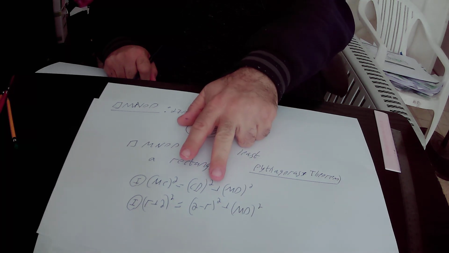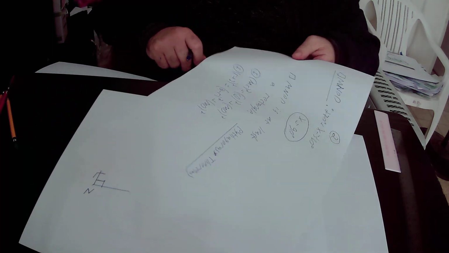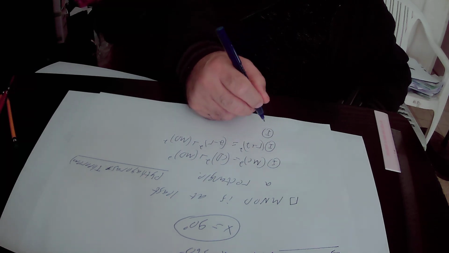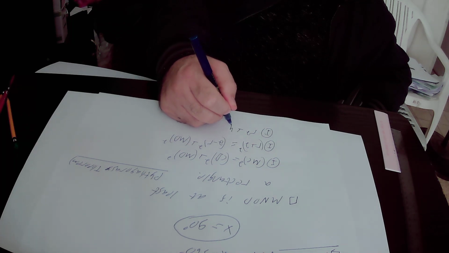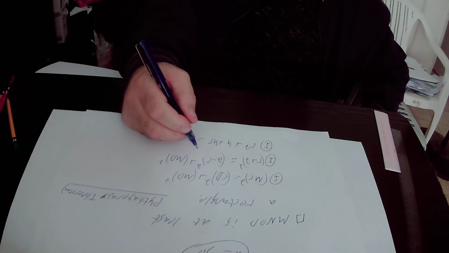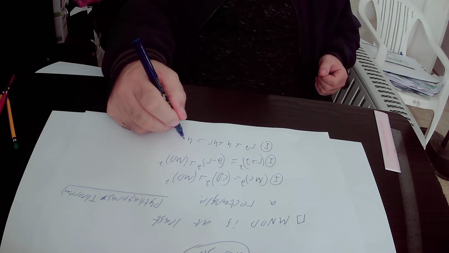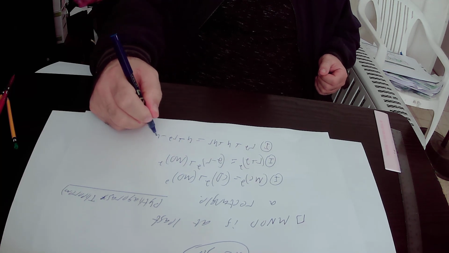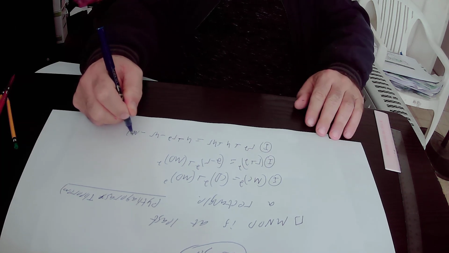Here we will open the brackets on both sides of equation number 1, and we will get that (R plus 2) square equals R square plus 4 plus 4R, and it equals (2 minus R) square, which equals 4 plus R square minus 4R plus MD square.